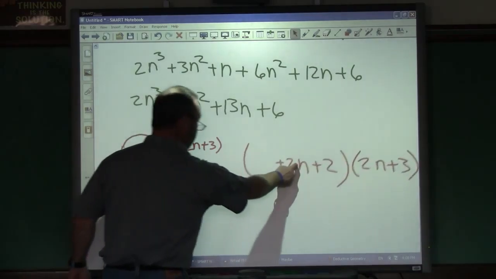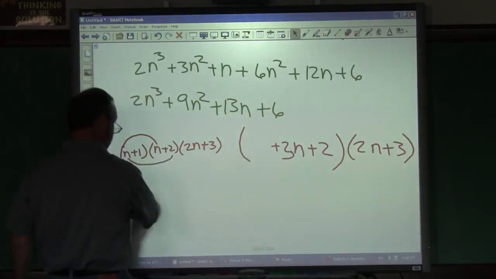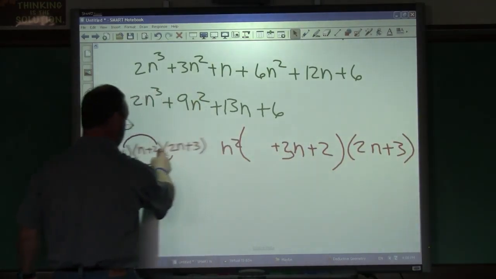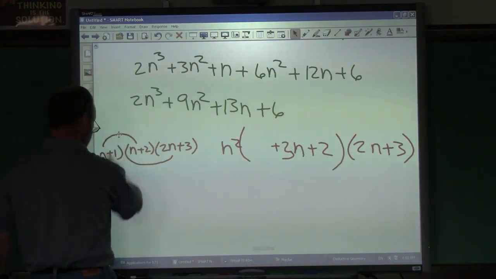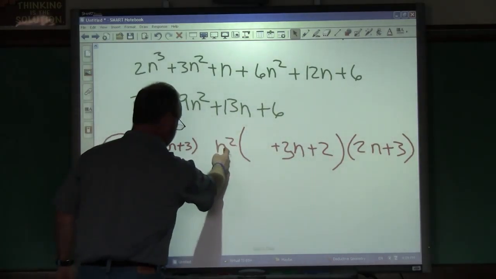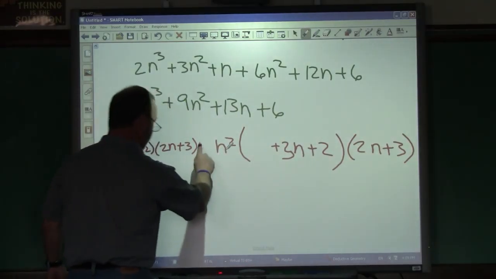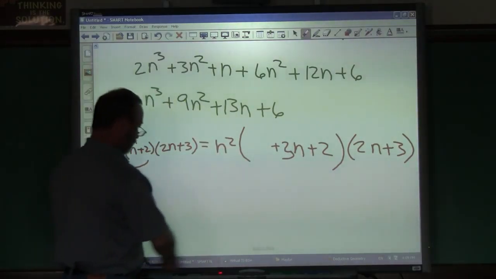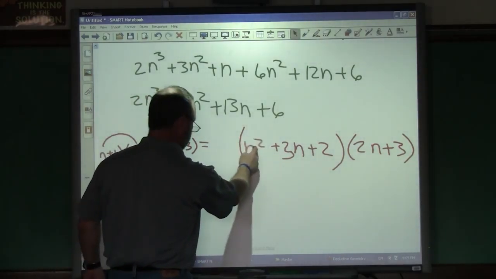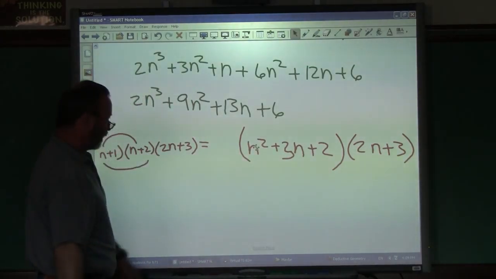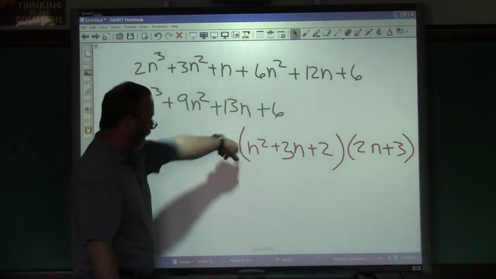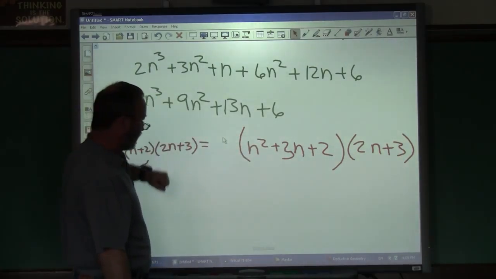Oh my gosh. Never happens. There we go. So now we need to multiply this part out and see if it equals that.